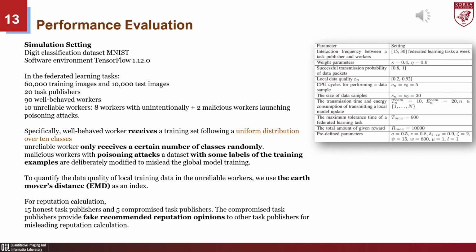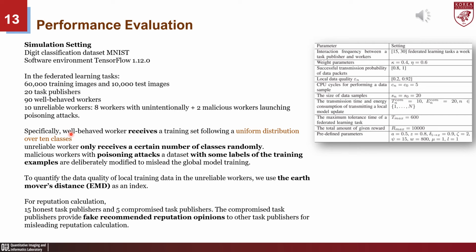To evaluate the method, they run simulations using the classification dataset MNIST and the software environment TensorFlow 1.12. The MNIST dataset contains 60,000 training images and 10,000 testing images. They simulate 20 task publishers, 10 well-behaved workers, and 10 unreliable workers, with 8 workers sending unintentionally unreliable updates and 2 malicious workers launching poisoning attacks.